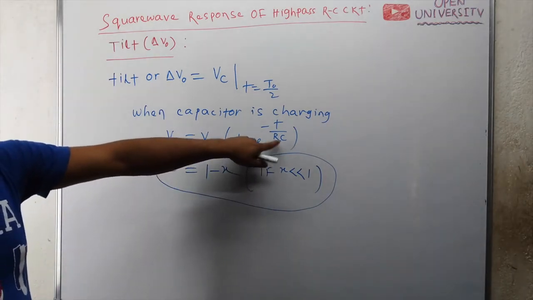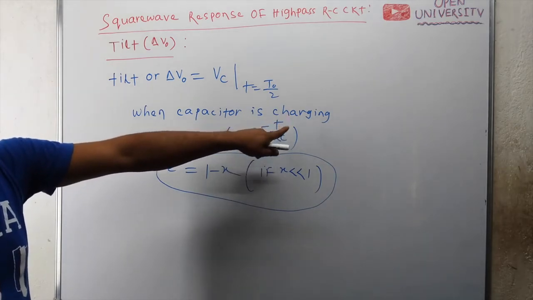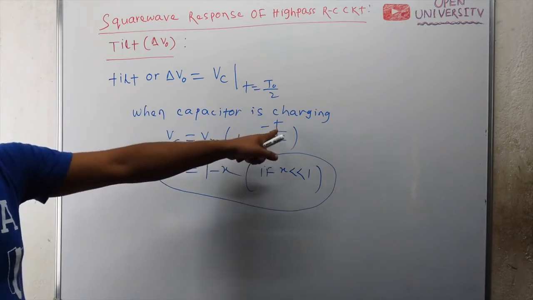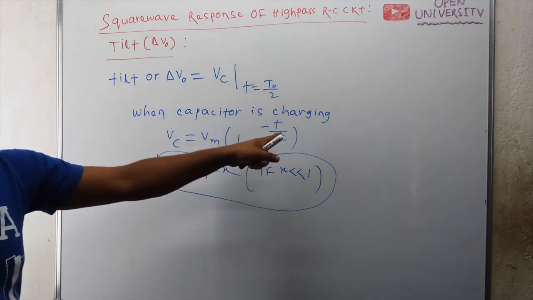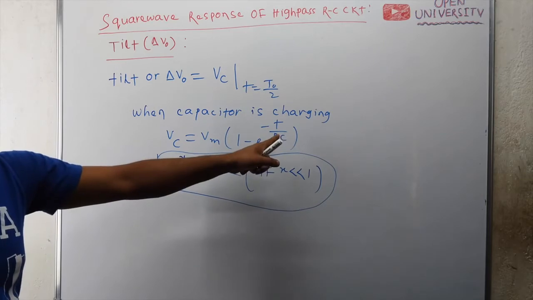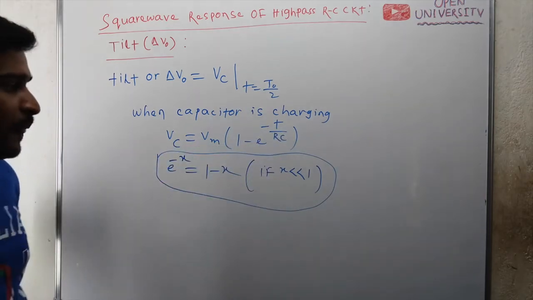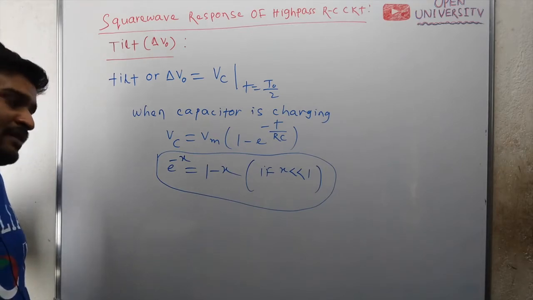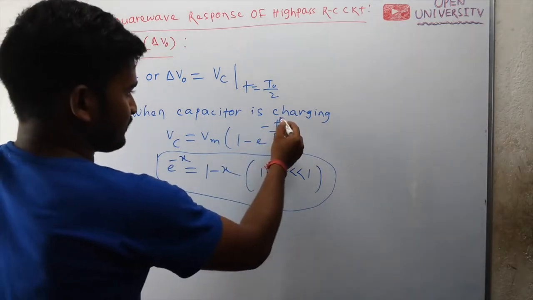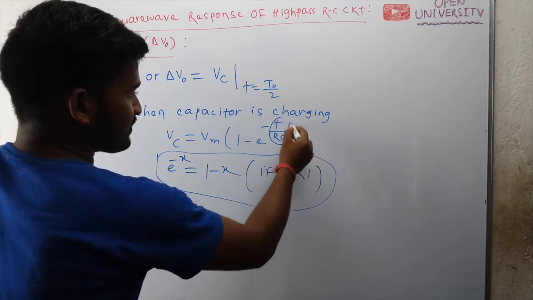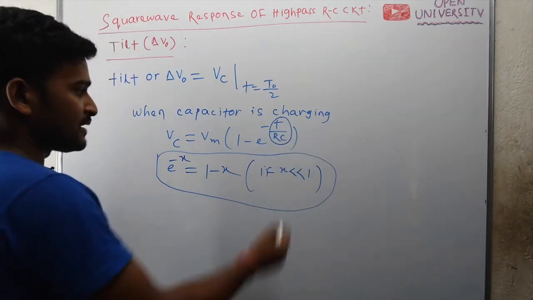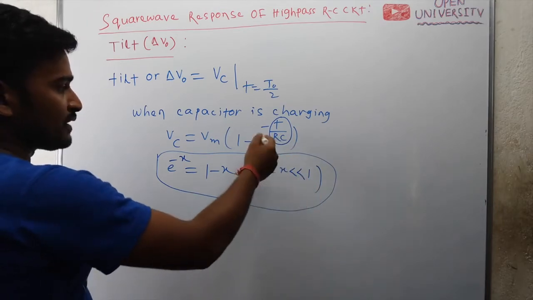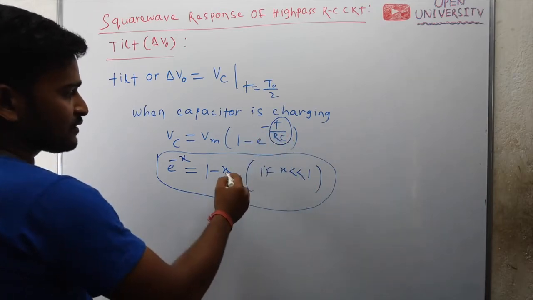If RC is very high, 1 by RC will be very small, which is less than 1. So I can write e power minus x as 1 minus x. This t by RC is your x. Since RC is very high, t by RC will be very small. So e power minus x I can write as 1 minus x.